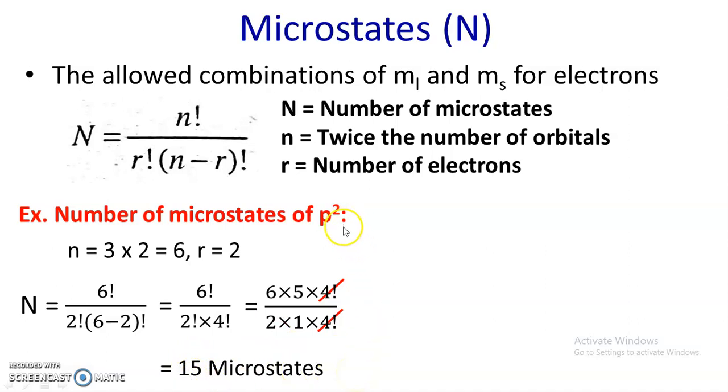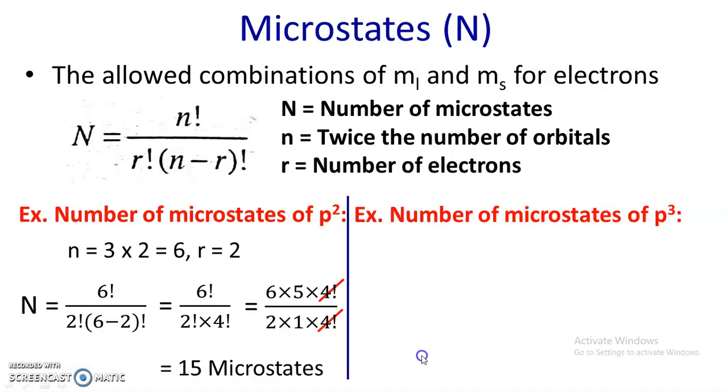It means for p2 configuration there are 15 microstates. The meaning of this is that for p2 configuration 15 different energy states are possible or allowed, or there are 15 allowed combinations of ml and ms.